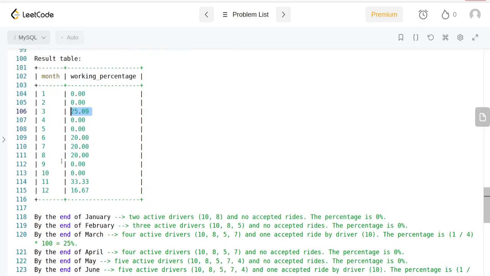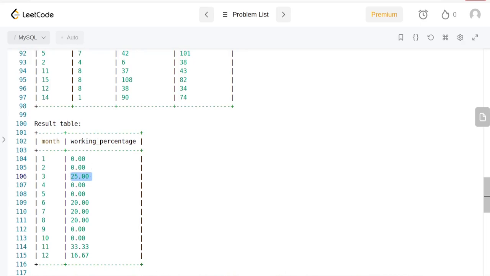So basically, last time we calculated how many drivers we had for months 1, 2, 3 and 4, and how many actually accepted rides during that particular month. If we have those columns, all you need to do is take the total number of accepted rides divided by the total number of drivers so far in that month, and multiply by 100.